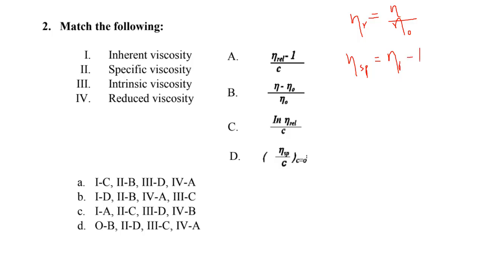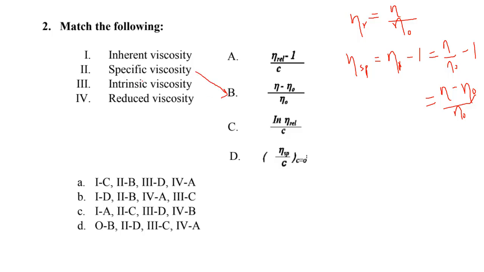So specific will be this one, B. If I put the value here, eta divided by eta naught minus 1, upon multiplication I will get eta minus eta naught divided by eta naught. So this will be B. So the second is matched to B.